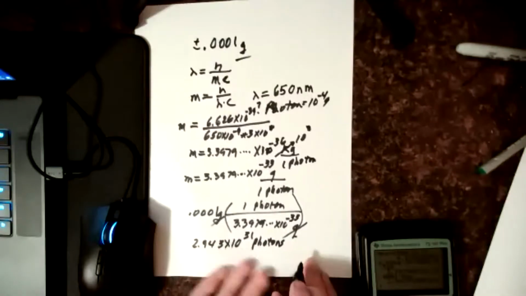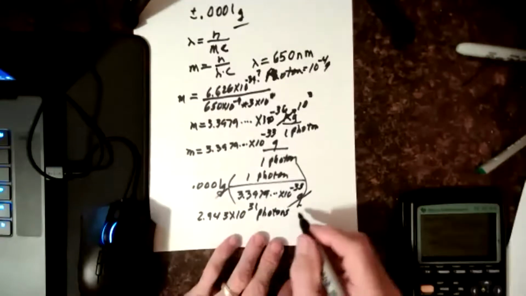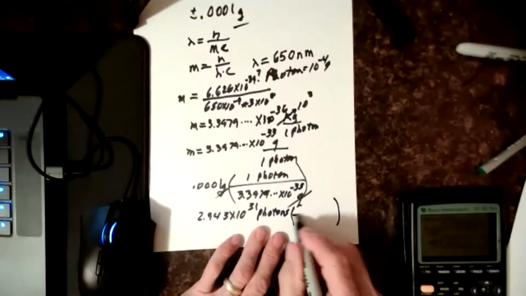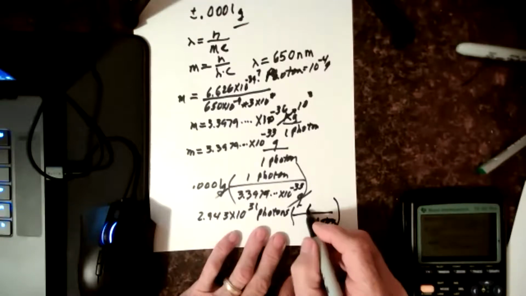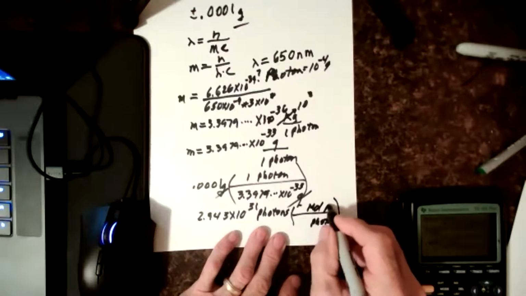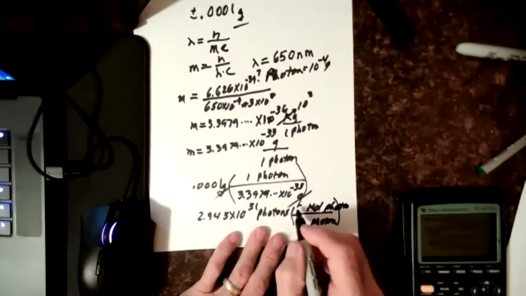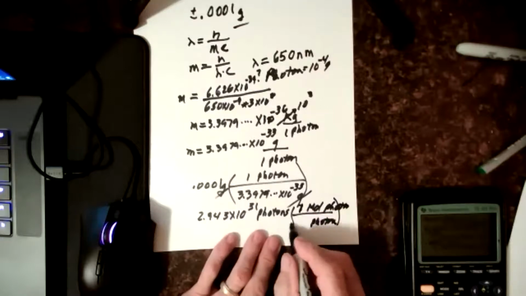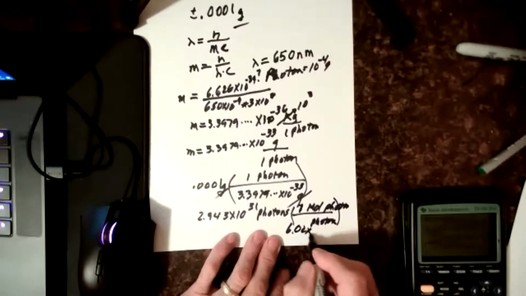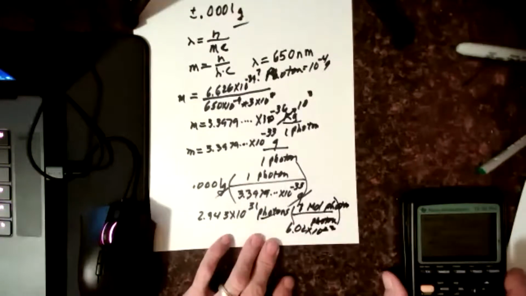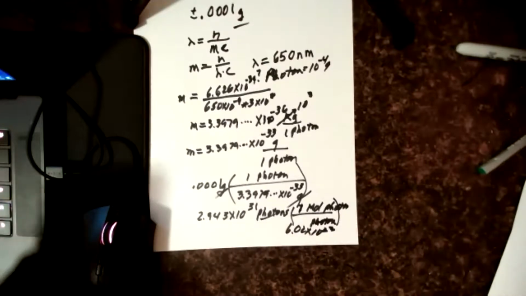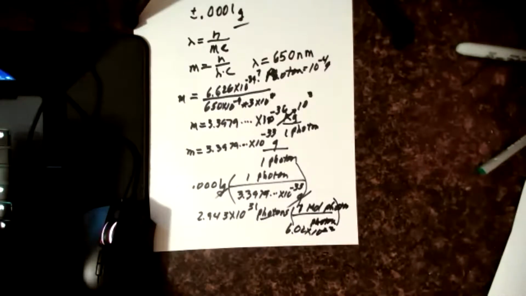Now, if I wanted to convert that to moles and see how many moles that were, then all I do is change from photons to moles of photons. And 1 mole is 6.02 times 10 to the 23rd photons. So I just need to divide that number by Avogadro's number. So I divide it by 6.02 with an exponent of 23.